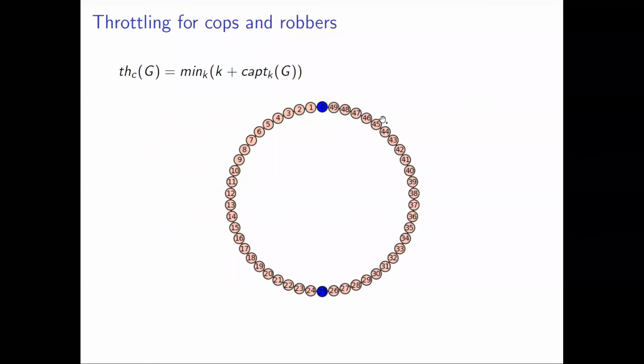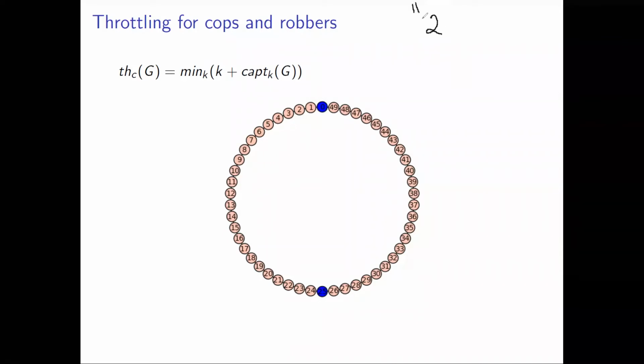So let's consider, for example, a cycle. We'll make it a pretty large cycle, a cycle of order 50 here. If we were just going to use the cop number of cops on the cycle, we would only use 2 cops. We would place them diametrically opposite. And the capture time in this case, for C_n, would be approximately n over 4 with 2 cops.